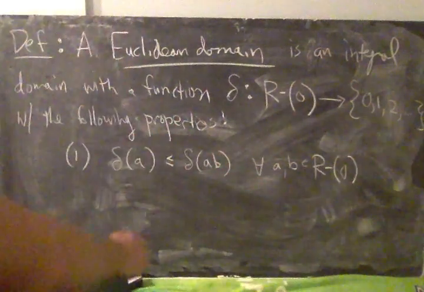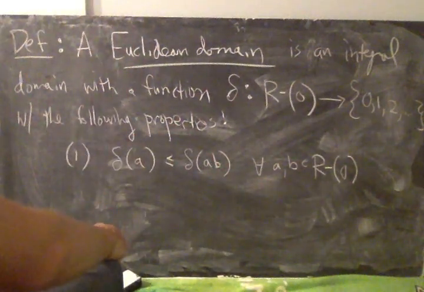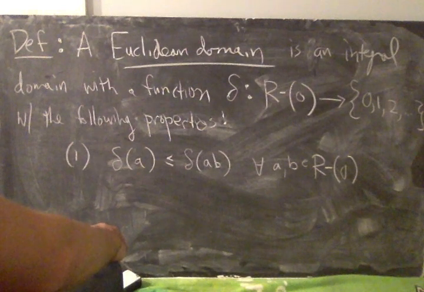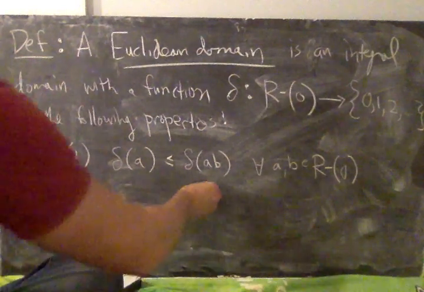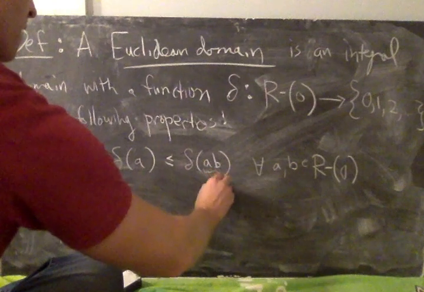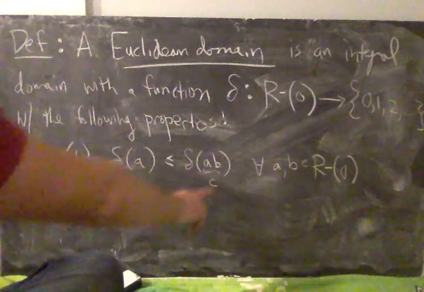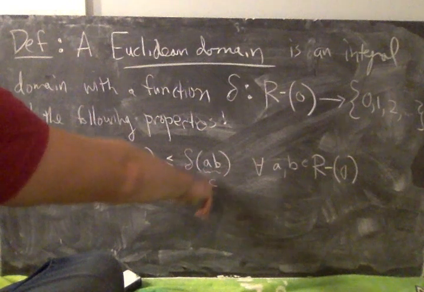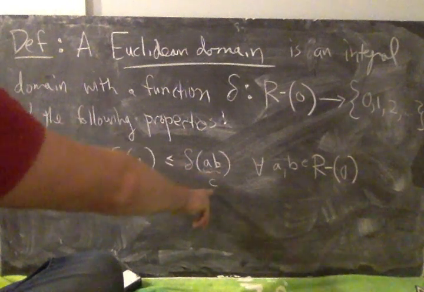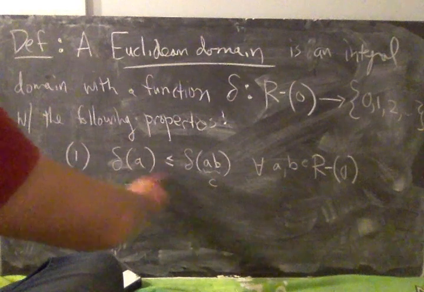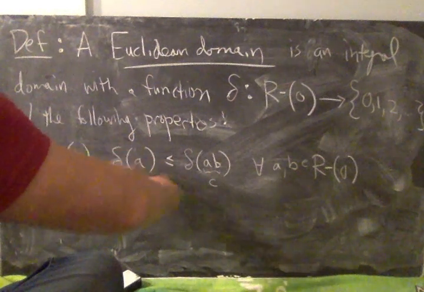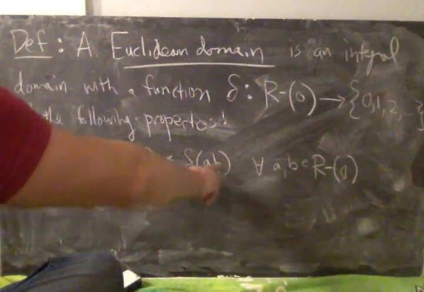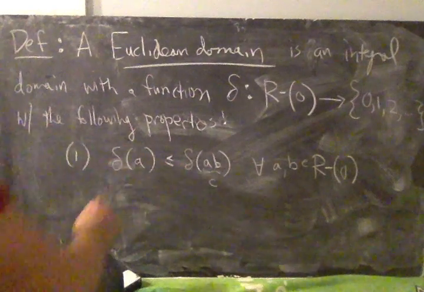Really what this says, I'm going to call this thing C here. This B is just totally arbitrary, so C is a totally arbitrary thing which A divides. Anything that A divides is of this form, some A times something.